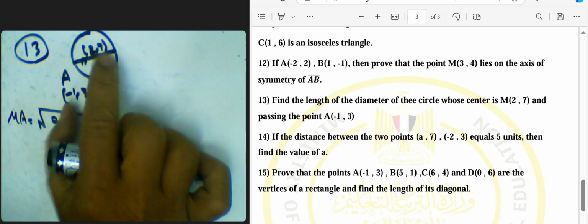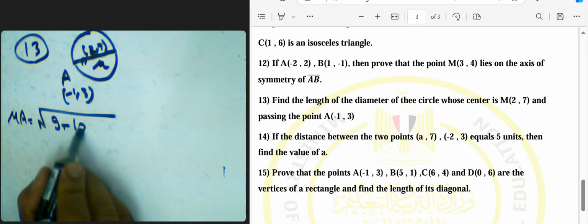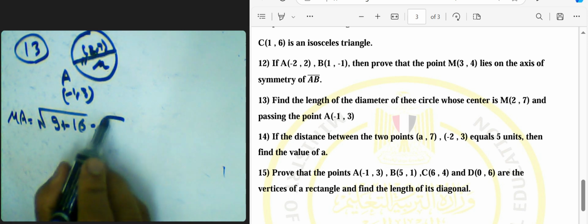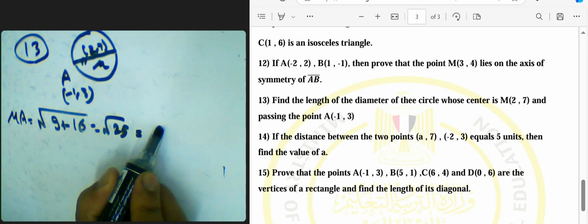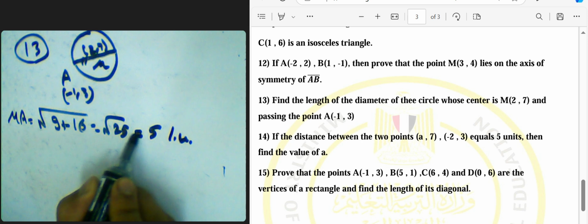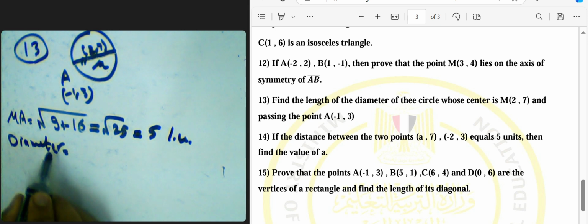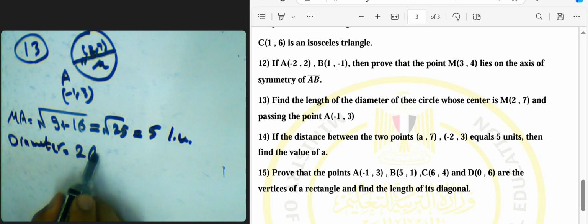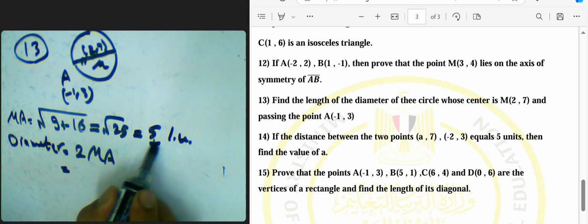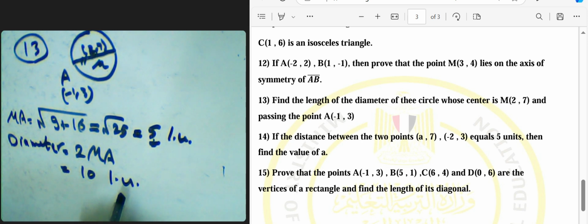And 7 minus 3, it will be 4. 4 power 2 equals 16. So the result will be square root of 25 equals 5 length unit. It was MA. Then the diameter equals twice MA, twice of 5, it will be 10 length unit.